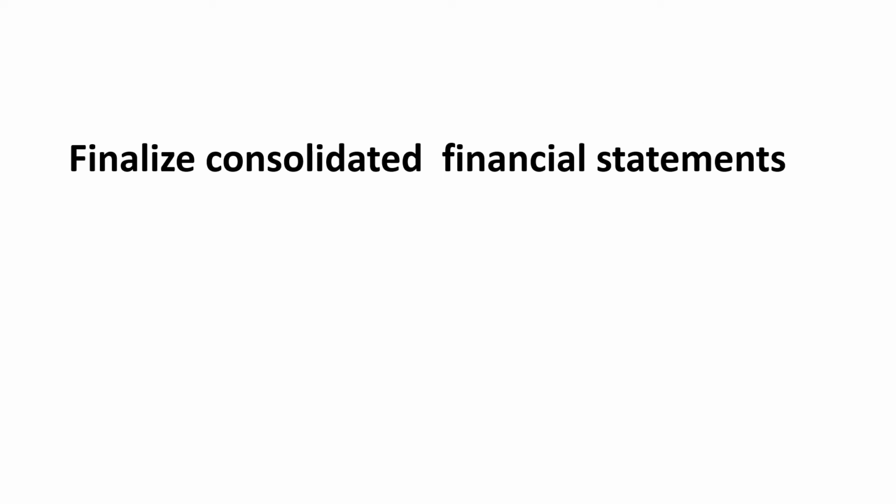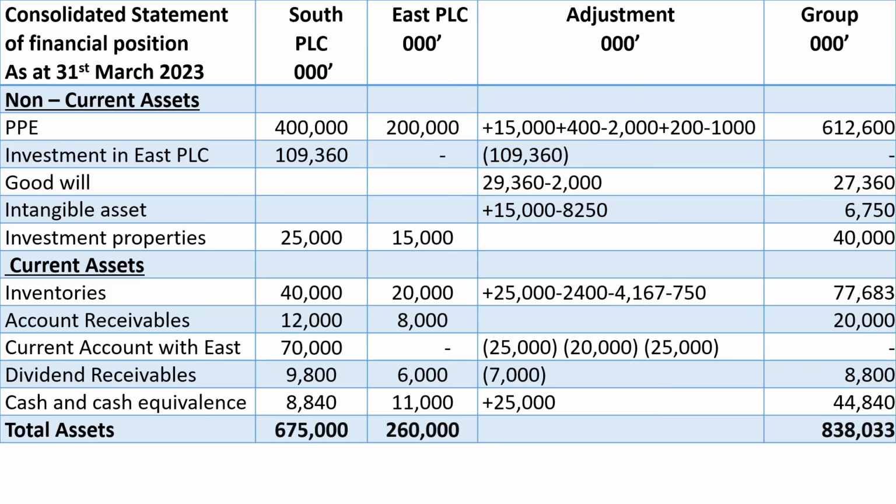Now you can see the finalized consolidated financial statements. Let's start with the consolidated statement of financial position. You can see the assets, that is non-current assets and current assets, relating to the individual companies as well as the adjustments, and finally the group or consolidated financial statements value. So here you can see the total assets worth 838,033.